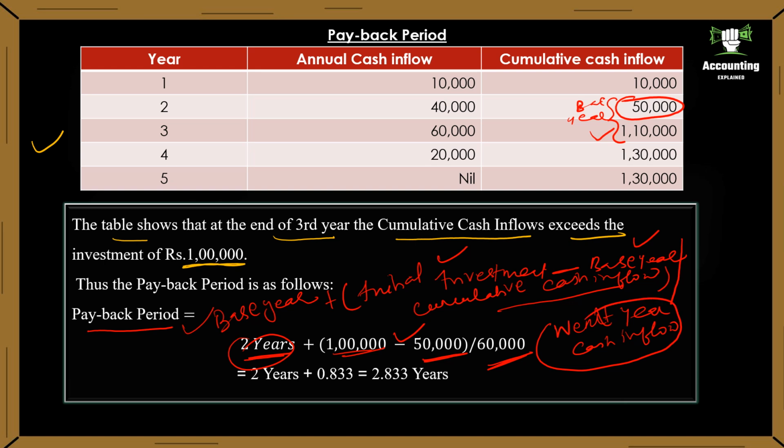Next year means base year's next year, that is 60,000. When 1 lakh is deducted from 50,000, it becomes 50,000. Then 50,000 divided by 60,000. Okay. 2 years plus 50,000 divided by 60,000 is 2 years plus 0.833. It is 2.833 years is the payback period as per traditional method.